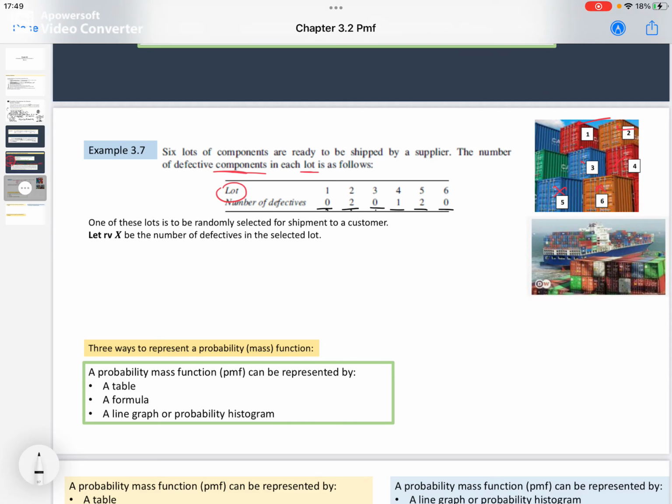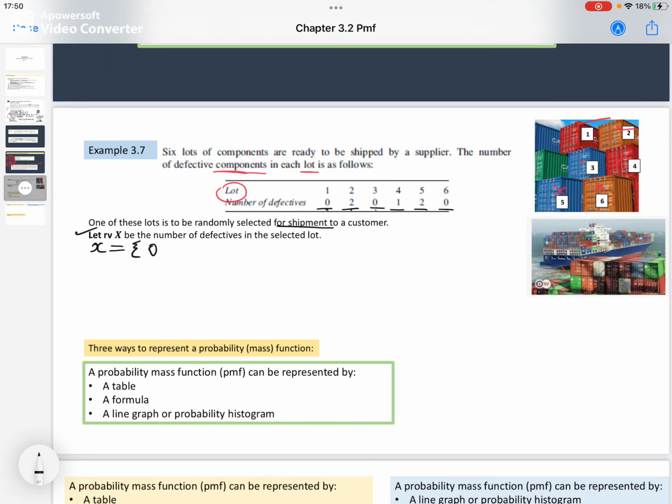So one of these containers is to be randomly selected for shipment to a customer. Now let random variable x be the number of defectives in a randomly selected container. Alright, so we have defined our random variable x. Now we want to know what are the possible values of our random variable x, denoted by a small letter x. So we have small letter x equal to, and in brackets we have the possible number of defectives.